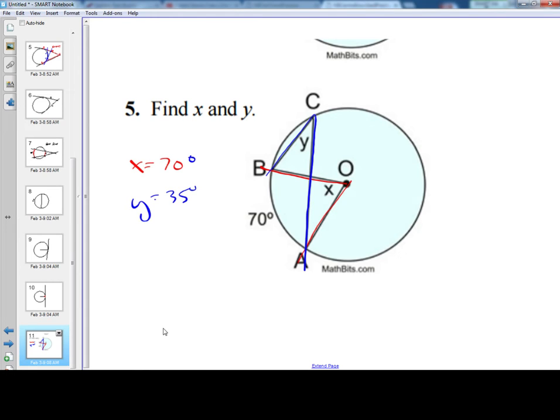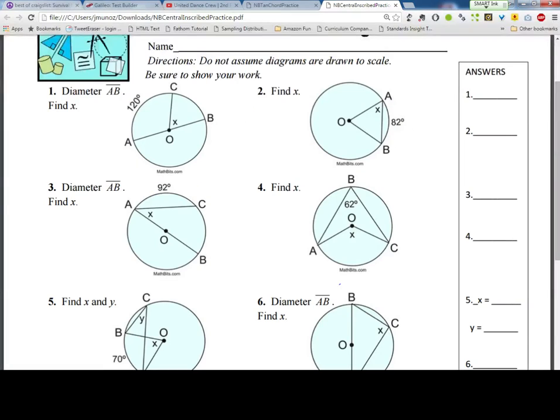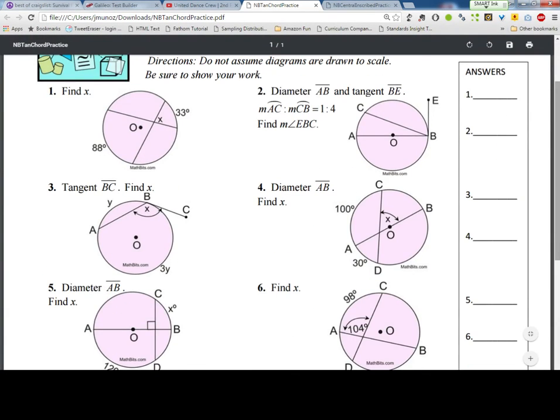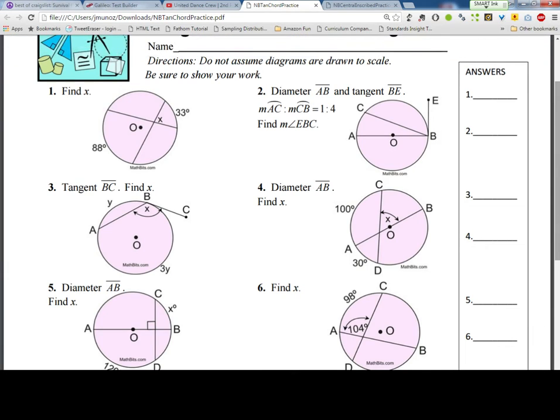Is there 2 pages? There are 2 pages, so if you want, I'll help you with one from the other page as well. Okay, pick one from those 6. Alright, guys, think this one through.